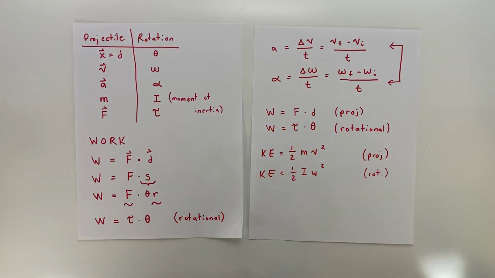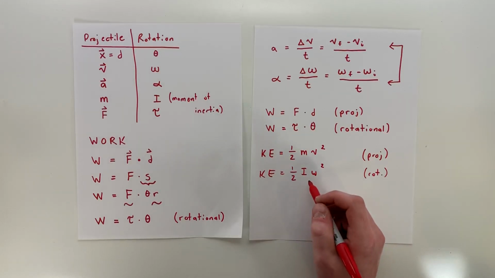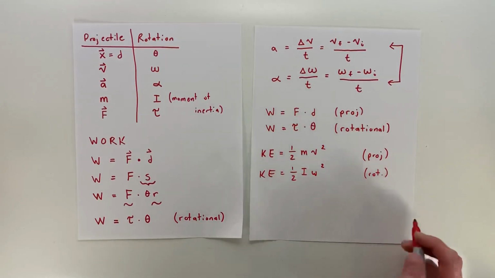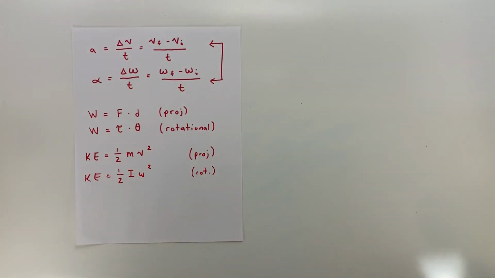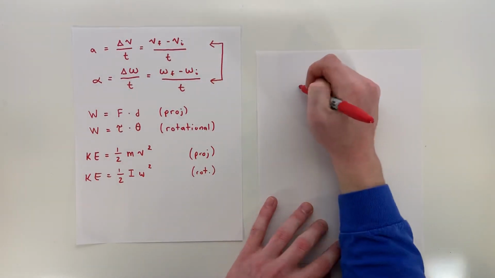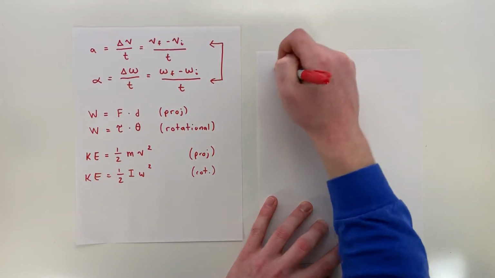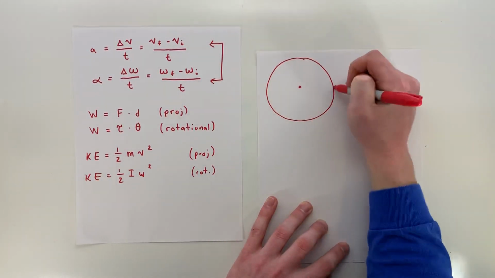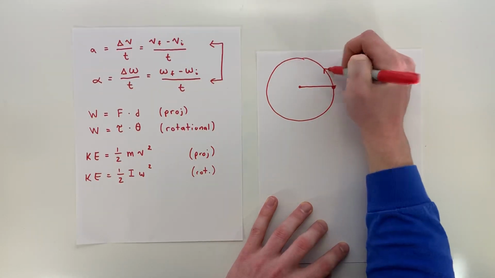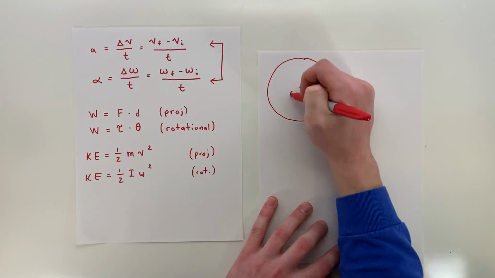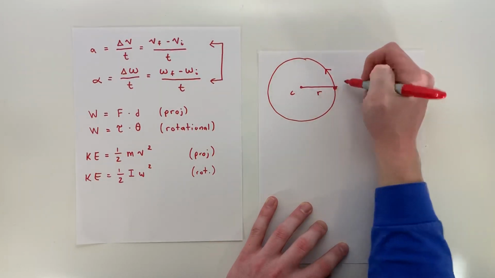Now you might ask yourself, oh my gosh, how do I get that I? I'm sure you've already gone over that, but let's just go over it one more time. So let's say you have a point mass on a string rotating in a counterclockwise fashion around point C. This is our radius.